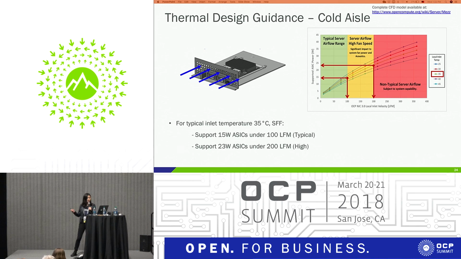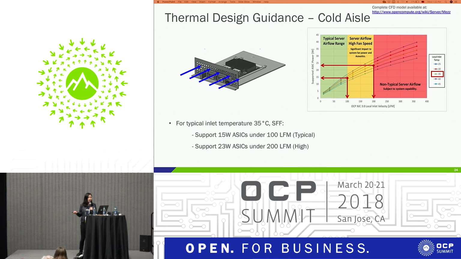From here, this is the cold aisle simulation data. In the chart on the right-hand side, we have 3 different zones. The green one is the typical server airflow. We think it's the bare minimum airflow we can support under a typical case.